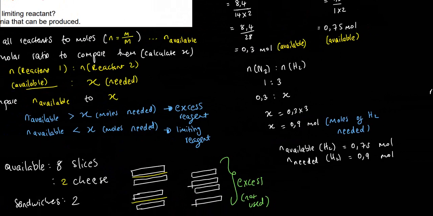So this means that the correct answer is that hydrogen is the limiting reagent. So therefore, hydrogen is the limiting reagent. Why is hydrogen the limiting? Because the ones available are less than what we need.